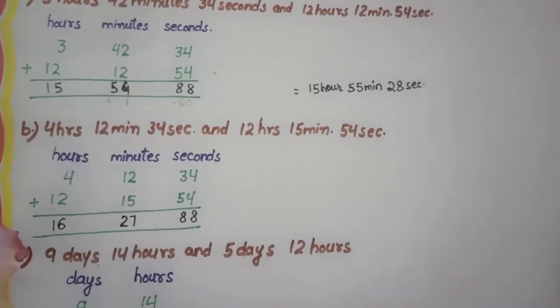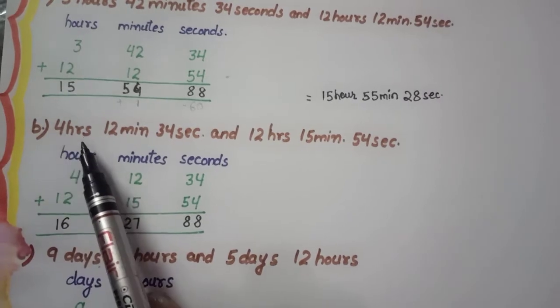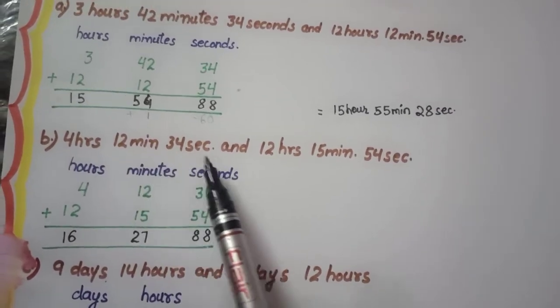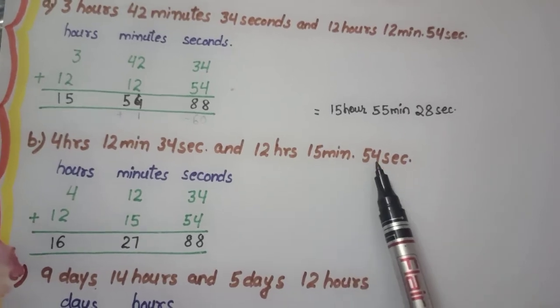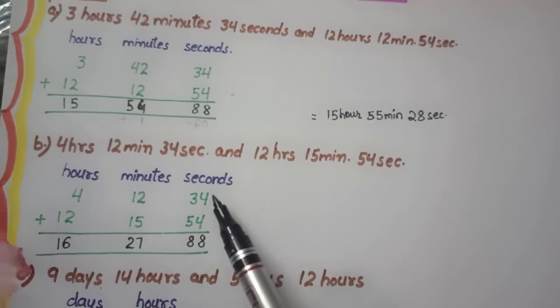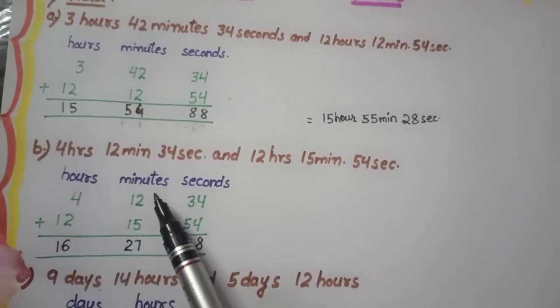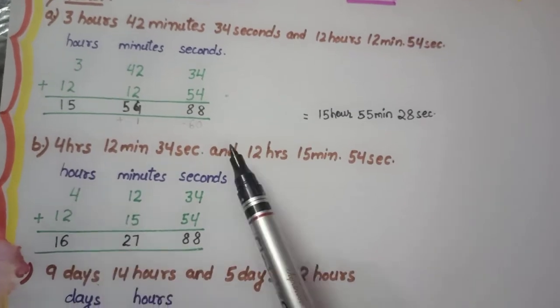Let us move on to B part, and the question says 4 hour 12 minutes 34 second and 12 hour 15 minute 54 second. Now again we need to arrange them according to their places. In hour I have written down 4 hour 12.